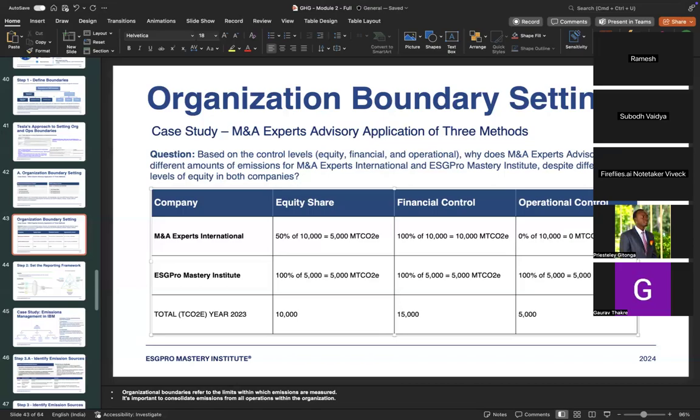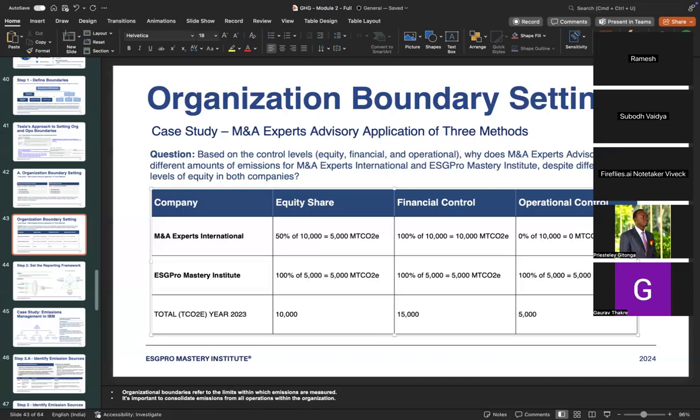Whenever you are doing organization boundary setting, what is your objective? You are calculating scope 1 and 2 eventually, right? Your objective is that I achieve my net zero in the next 20 years. And any decision maker or person who is responsible for looking after this whole initiative is not just there to calculate it, they are also there to mitigate it.